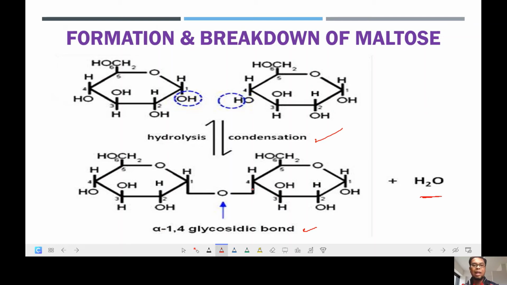If we want to break down this maltose, then another type of reaction needs to occur, and that is hydrolysis, in which a water molecule is added to the maltose, and the water molecule will break down the alpha 1,4 glycosidic bond, and this will again form the two alpha glucose molecules.